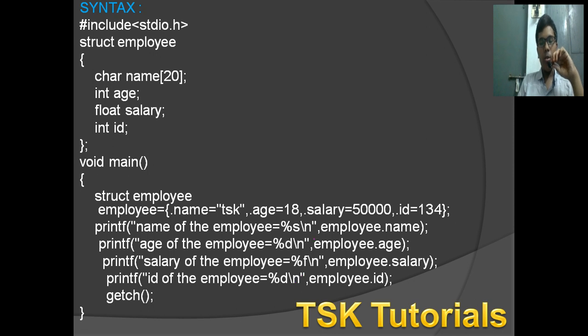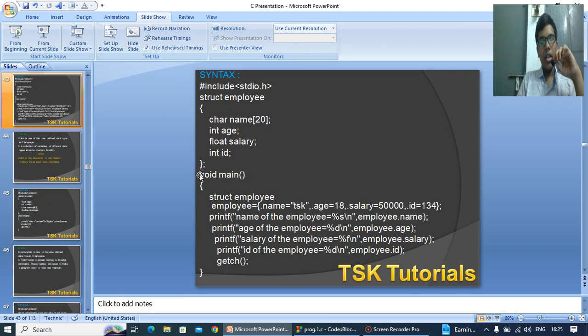Let's also check it while running the code. It gets the id from employee details, employee dot id. The semicolon is common at the end, and the closing curly brace ends the program. Now let's check this code.